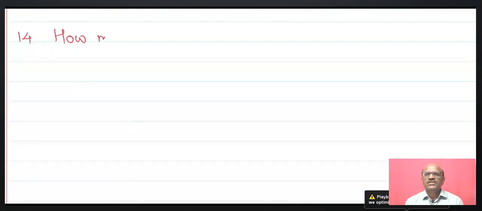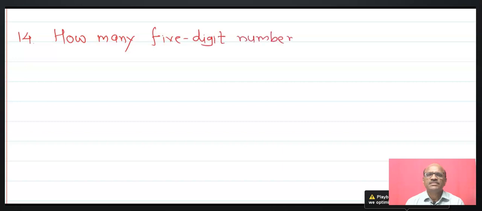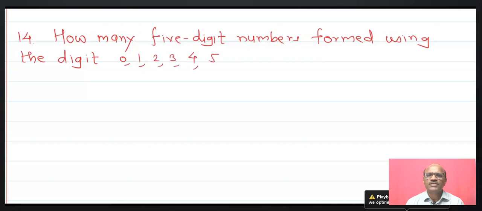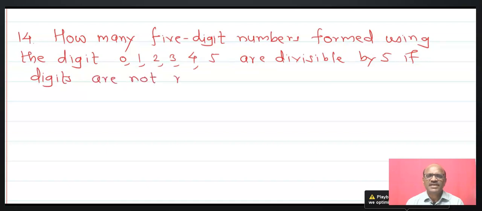Now the last question: how many 5-digit numbers formed using the digits 0, 1, 2, 3, 4, 5 are divisible by 5 if digits are not repeated?